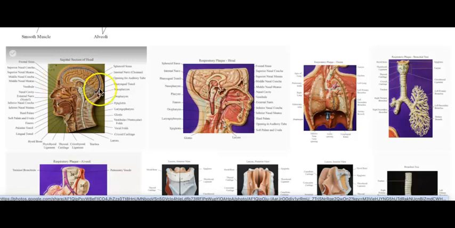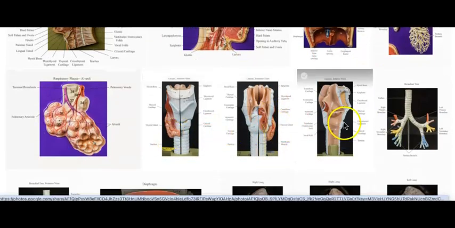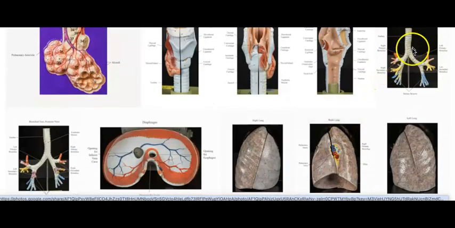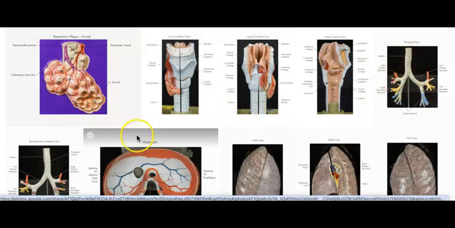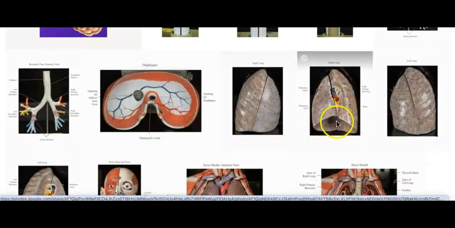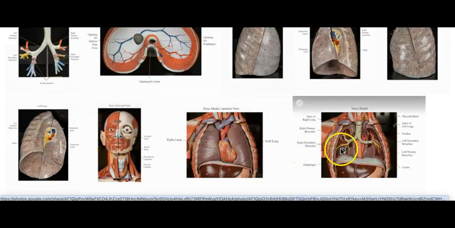It can sometimes be overwhelming with so many arrows. But these images of the sagittal section, as well as respiratory images, as well as the trachea, well, the larynx, I should say, and then the bronchial tree with the trachea and the bronchi and so on and so forth, as well as the lungs. And then some different models, maybe showing you exactly the same thing, just on a slightly different model.